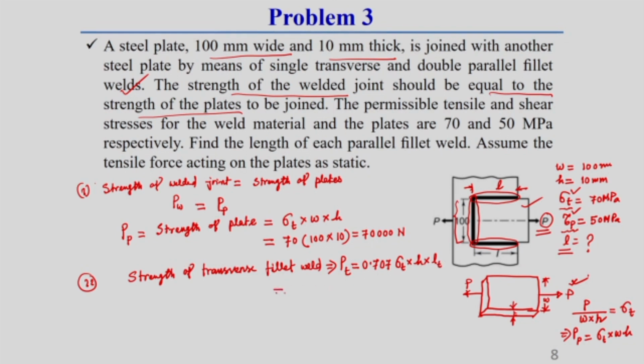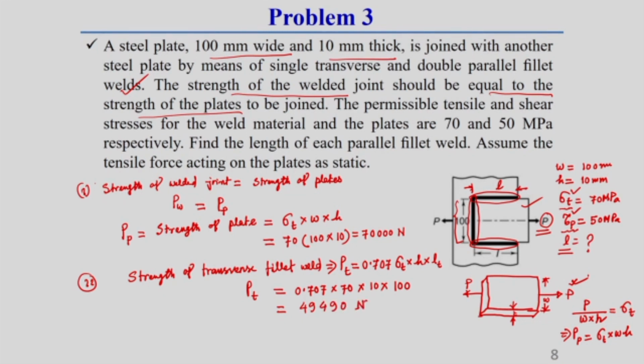So, this will give us PT equal to 0.707, sigma T is 70, h is already given as 10, and the length of this transverse fillet weld is already given as 100 mm. Now, if we put these things in, we are getting this transverse fillet weld strength as 490 Newton.